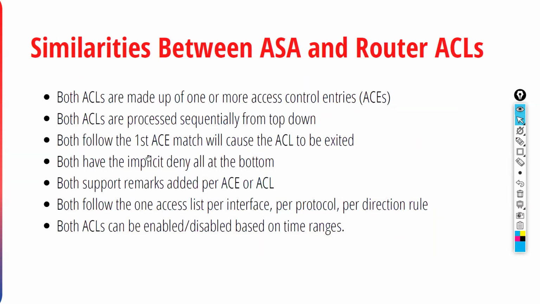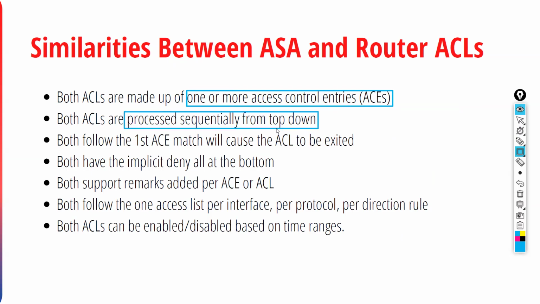And these are the similarities between your router and ASA access lists. First of all, each ACL is made up of one or more access control entries. That means one access list can have multiple entries. Then they are processed sequentially from top to bottom, that means line by line, they will be tested.